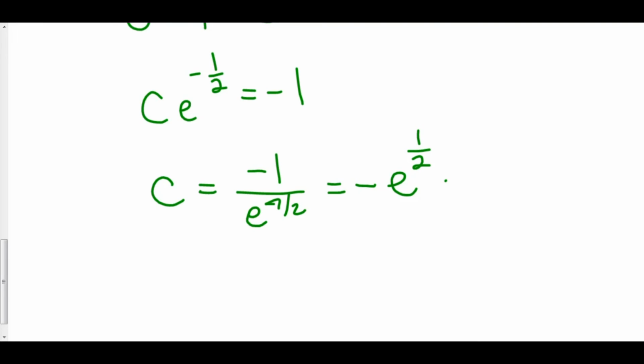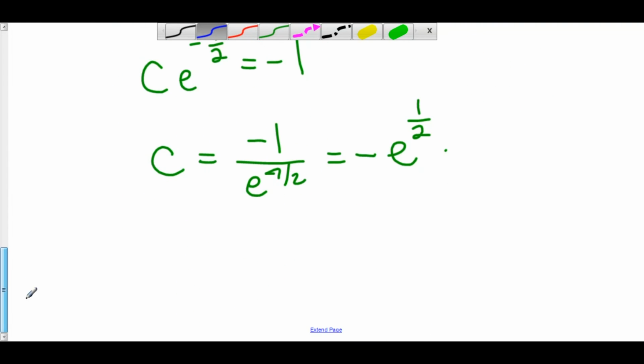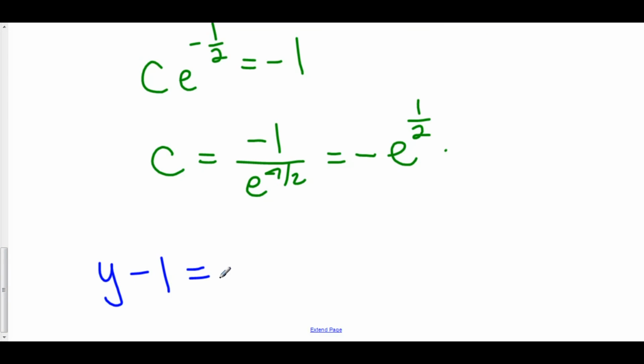Now, let's plug in our value of c, which is negative e to the 1/2, into our function. So here we have y minus 1 equals c, which is negative e to the positive 1/2, times e to the negative 1 over x.